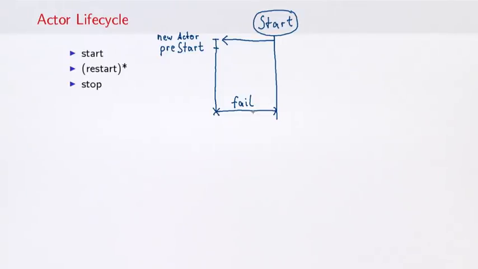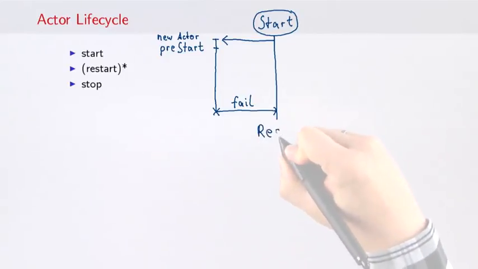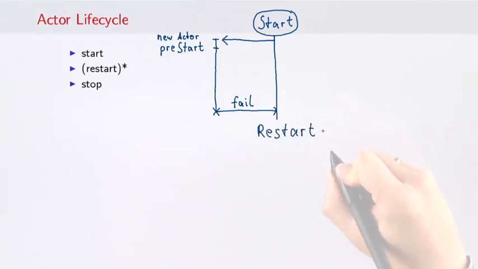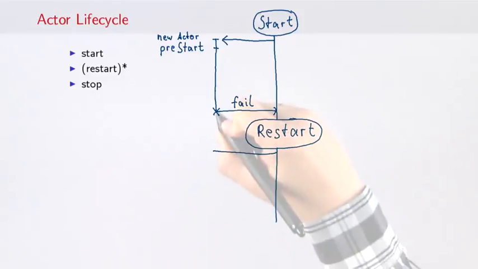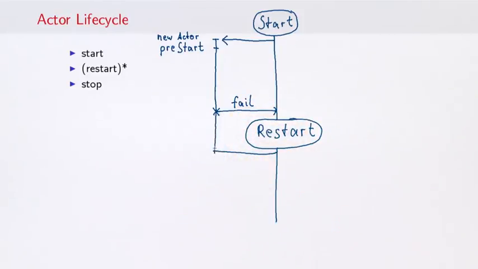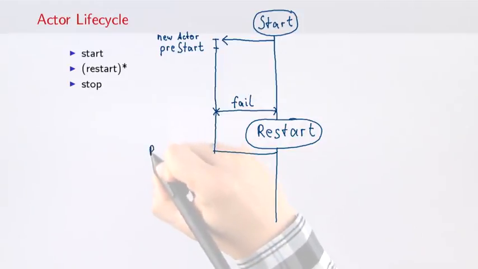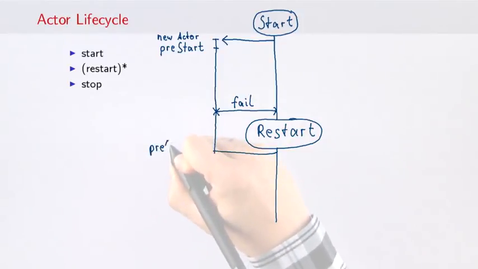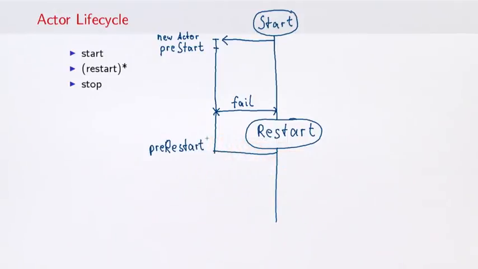Once the verdict comes back, let us say it was a restart, what then happens is that on this actor instance, another hook is called, namely preRestart.